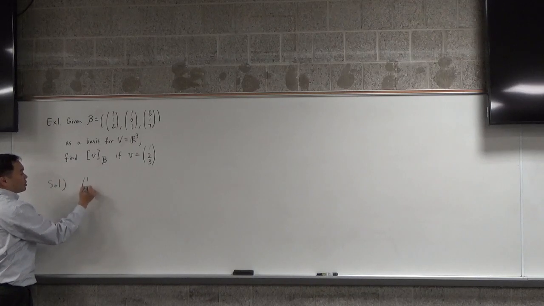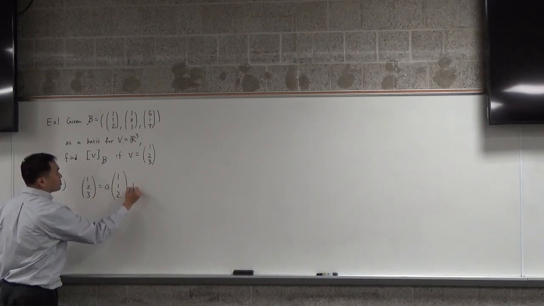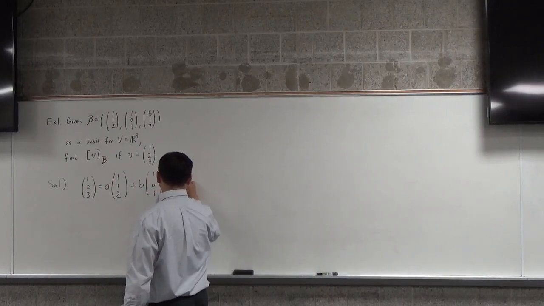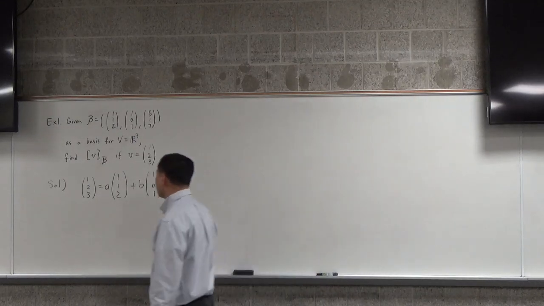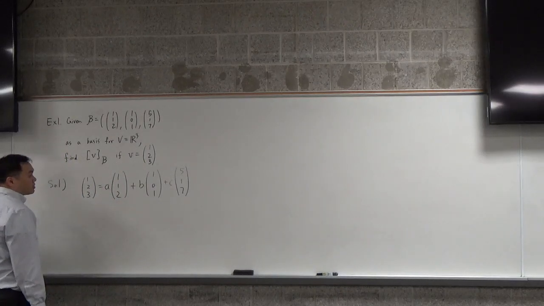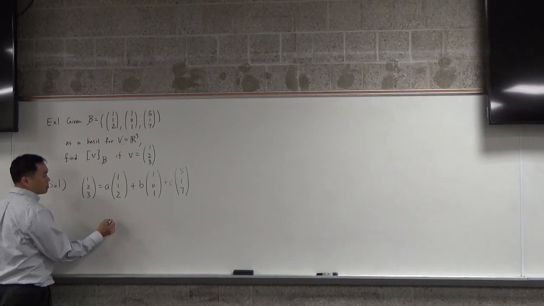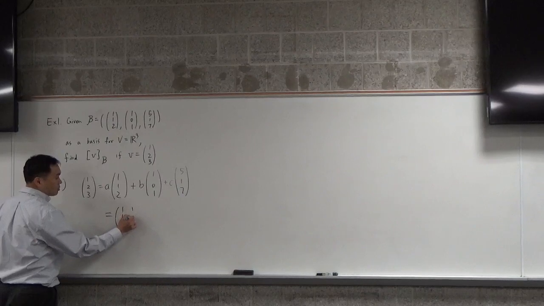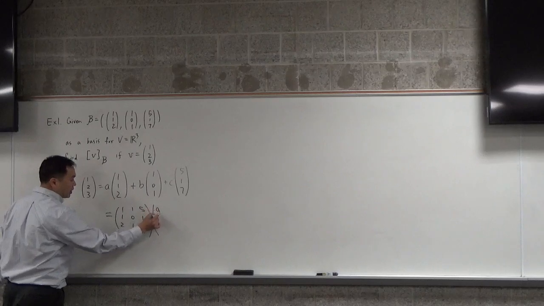So your goal is to write (1, 2, 3) as a linear combination of A times (1, 1, 2), B times (1, 0, 1), C times (5, 1, 7). Right? This is really like the matrix with columns (1, 1, 2), (1, 0, 1), (5, 1, 7) times (A, B, C).